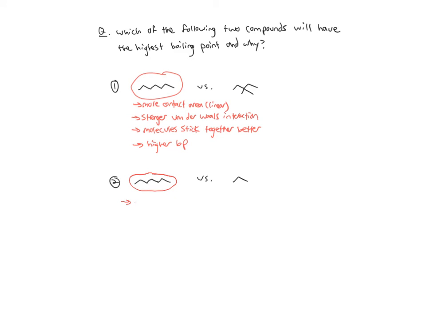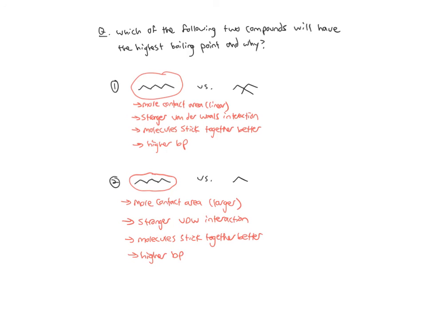And for those same reasons, so more contact, this time because it's larger than the other molecule we're comparing it to, so stronger van der Waals interaction, which means the molecules will stick together better. And it's harder to separate them. So this one's going to have the higher boiling point.